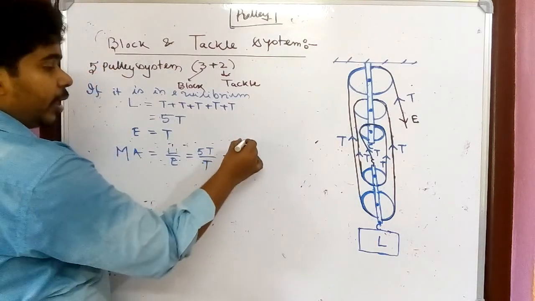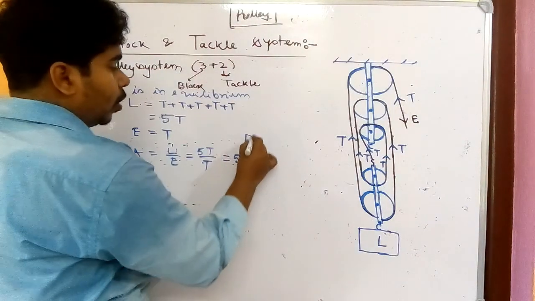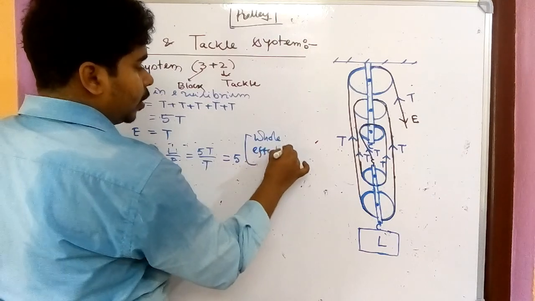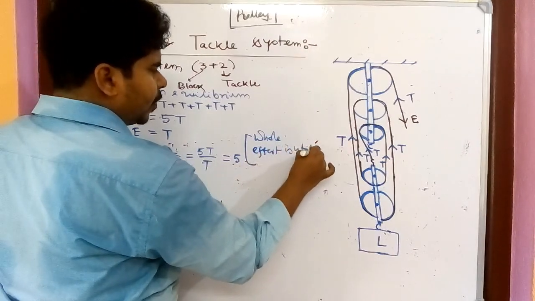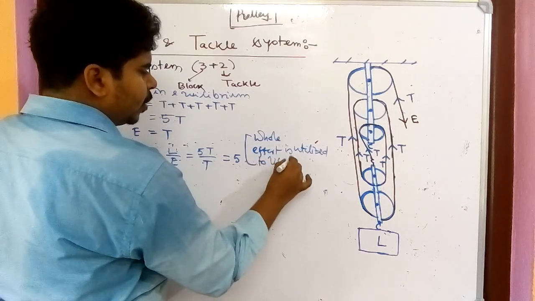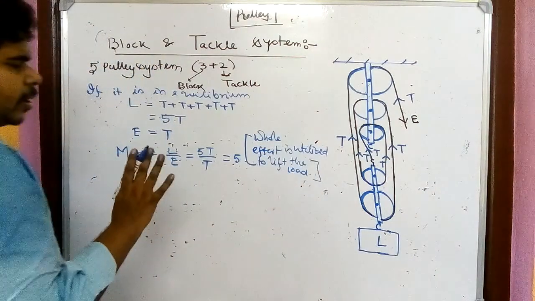And one thing you have to write here: when the whole effort is utilized to lift the load, then only the mechanical advantage is 5.